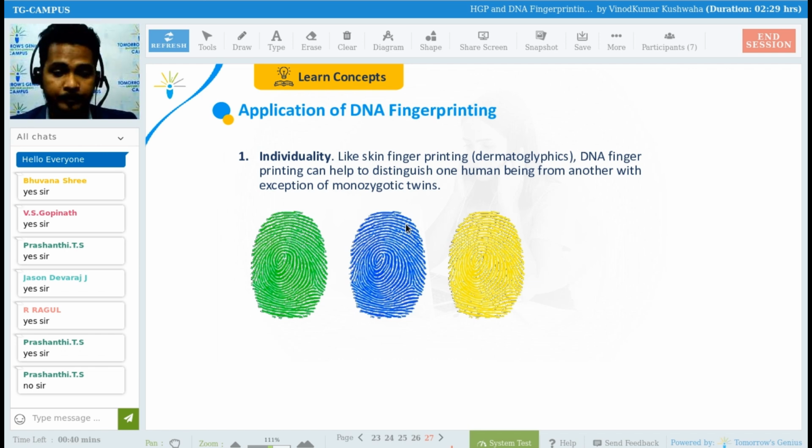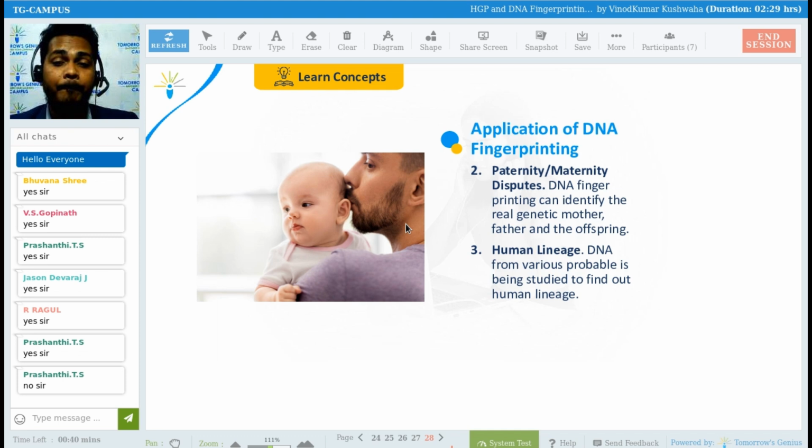Okay. Now another one is paternity or maternity disputes. Suppose there is one child and two parents claiming that this child belongs to them. So there is a dispute, and now the matter is in court. So the court decides to do DNA fingerprinting. So how do they identify that this child belongs to this parent? It is with the help of DNA fingerprinting.